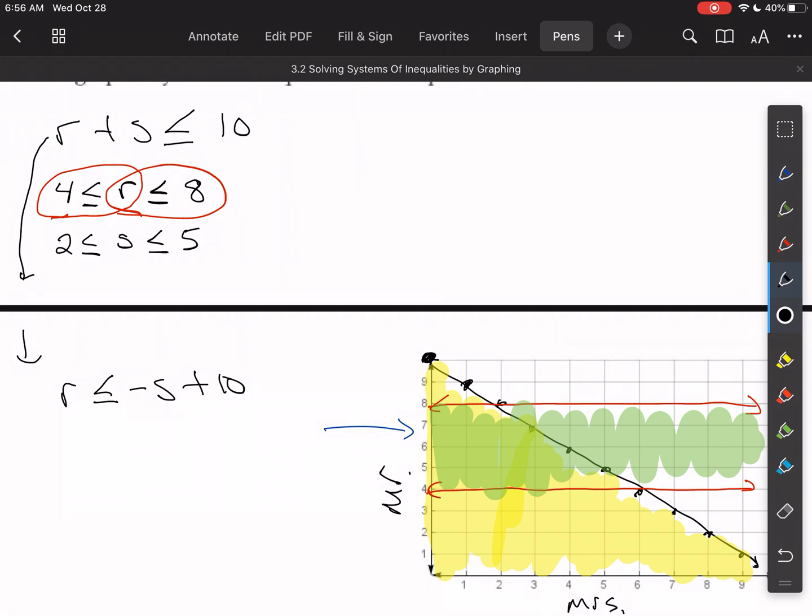So for this one, we would have 2 is less than or equal to S, and we also have S is less than or equal to 5. Okay, so let's go ahead and put those, and these are going to be the X values because Mrs. is in the X direction. I'm going to change colors here to blue now.